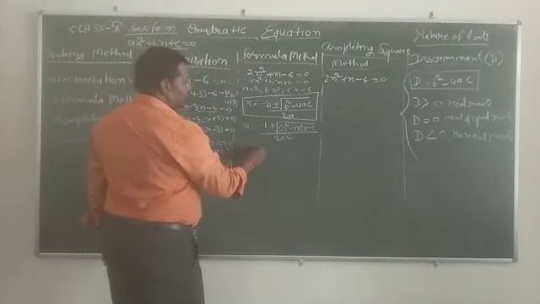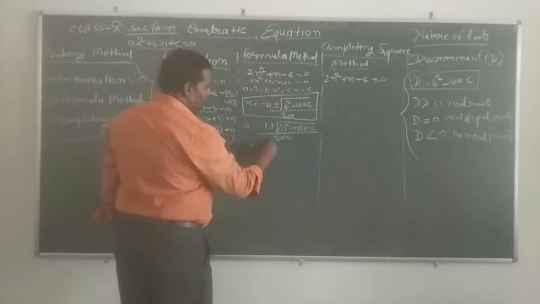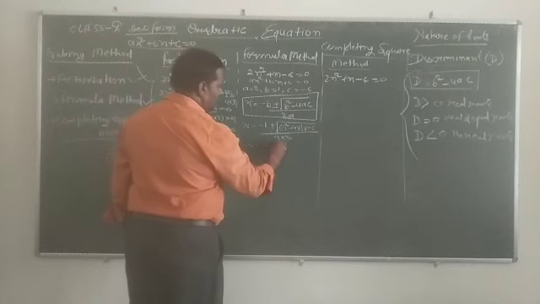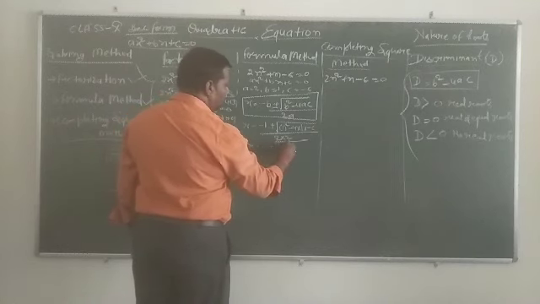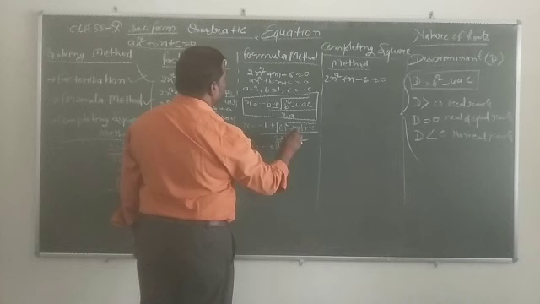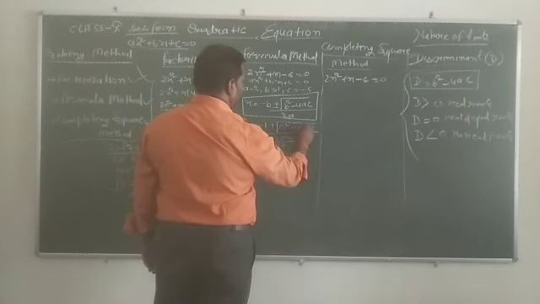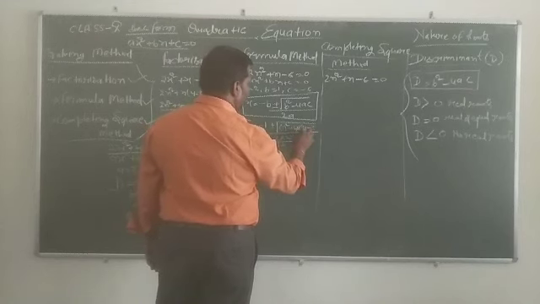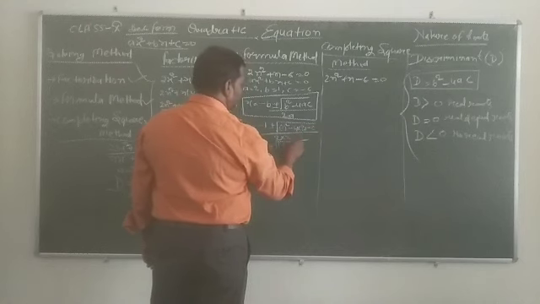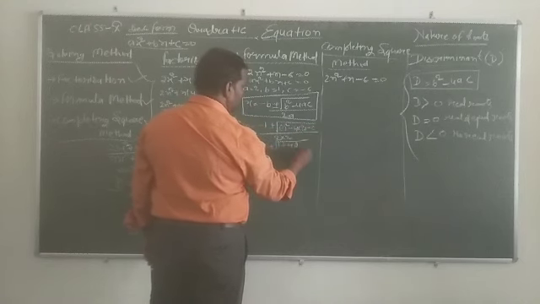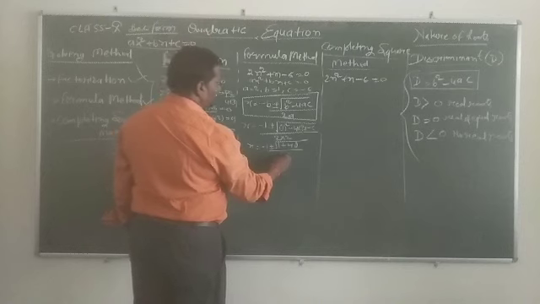Okay. Now x equals 1 plus minus under root 1 plus 25, 48, and upon 4.